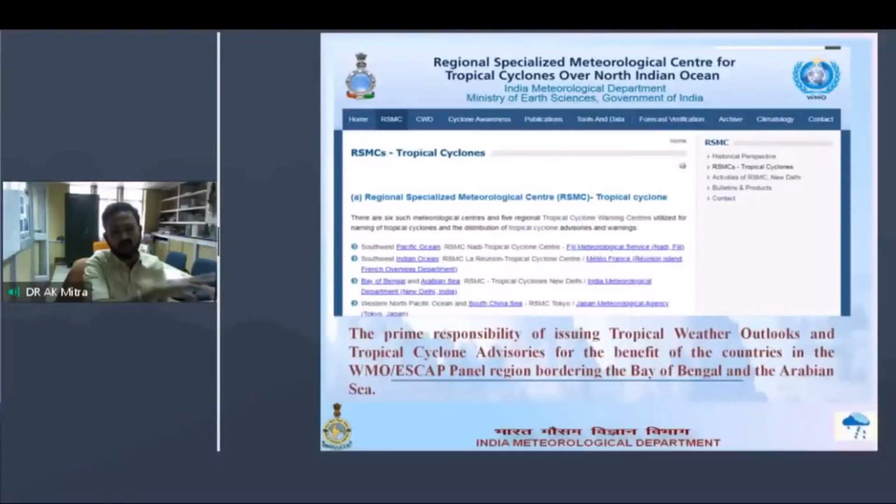Basically, all these things we are doing because we have a very international standard. We know that in cyclone track and forecast, IMD is second to none. So basically, world standard systems have been developed for the Regional Specialized Meteorological Centre for tropical cyclones over the North Indian region. Our prime responsibility is to issue weather bulletins and tropical cyclone advisories for the benefit of the WMO/ESCAP Panel region.